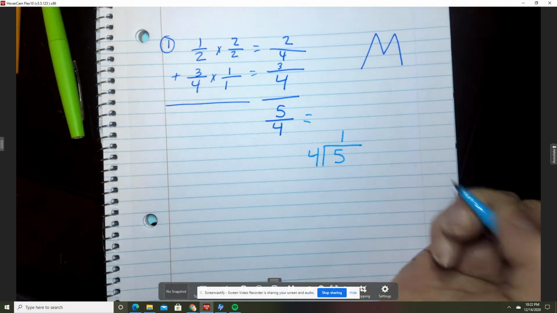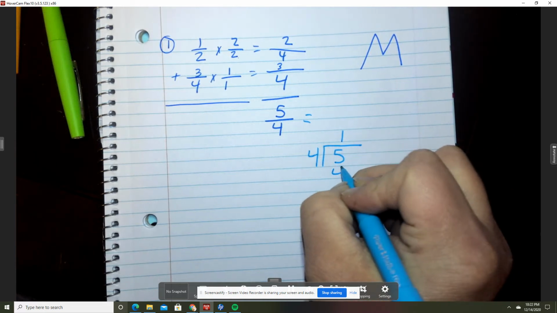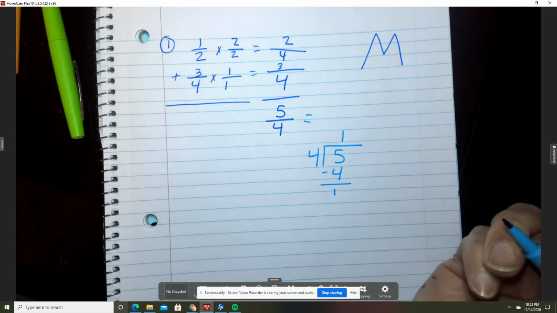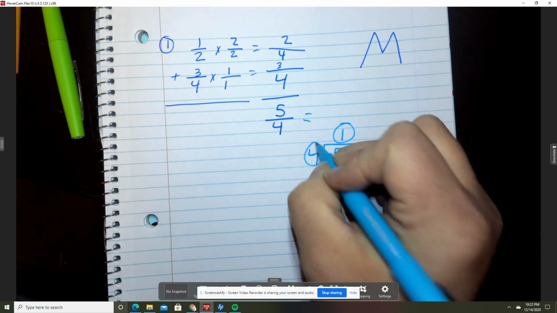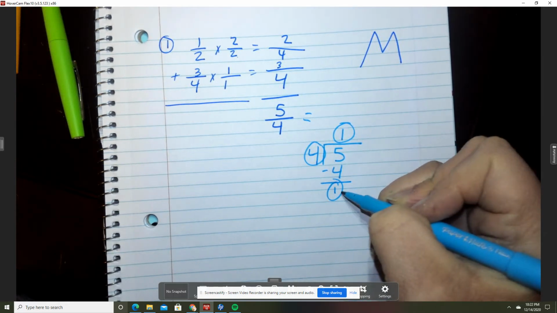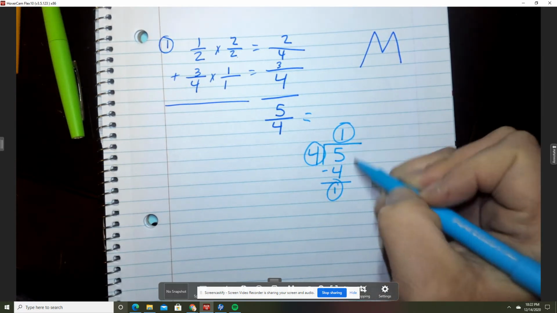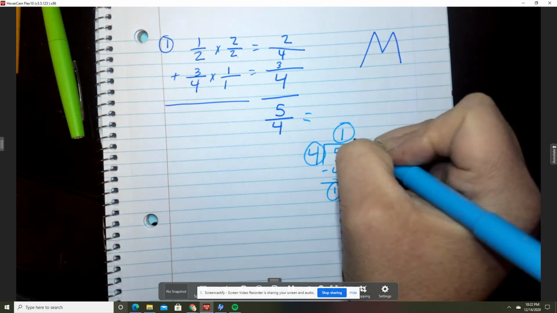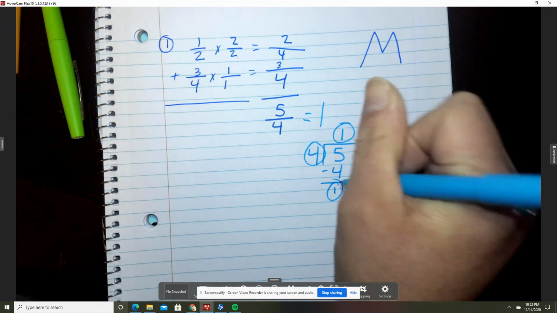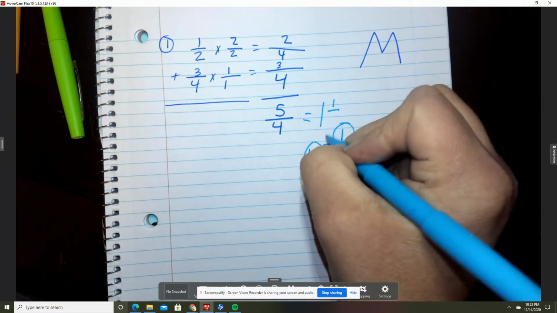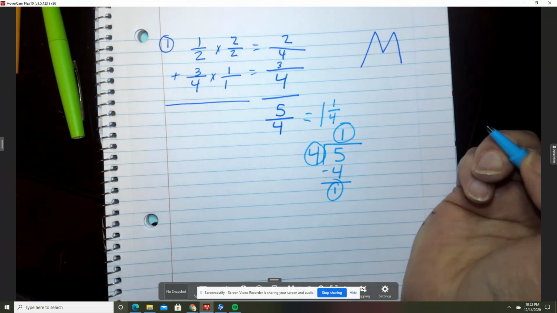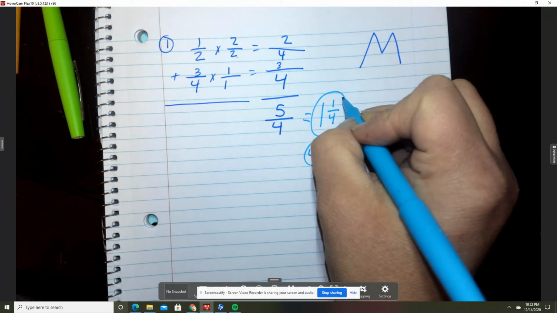And that goes once. 1 times 4 is 4, and I have 1 left over. Whole number, numerator, denominator. Whole number, numerator, denominator. So my whole number is 1. My new numerator is 1, and my denominator stays the same and will be 1/4. Okay?